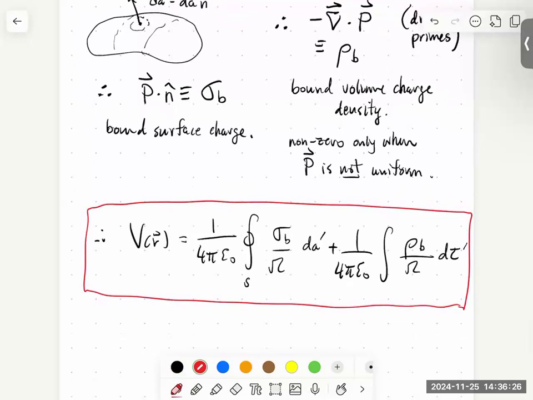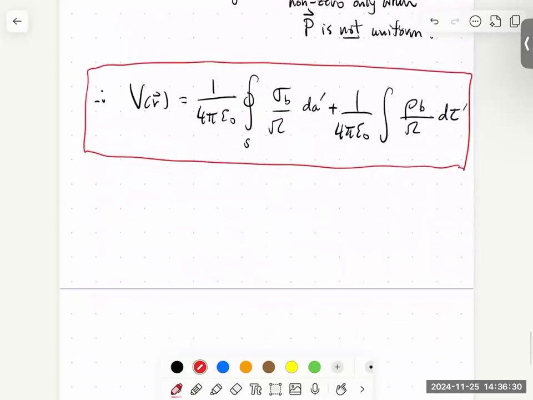The sigma b is fairly easy to understand in its origin, and it's related to what we already drew.